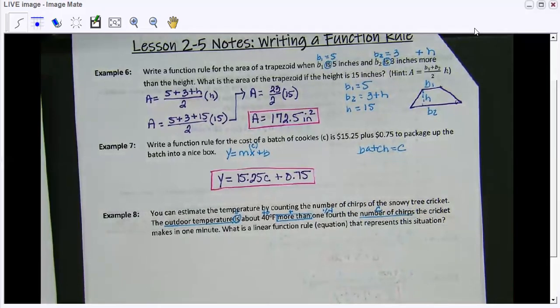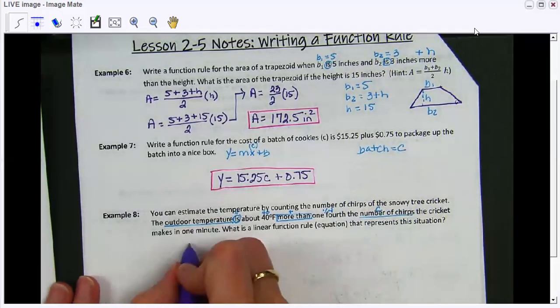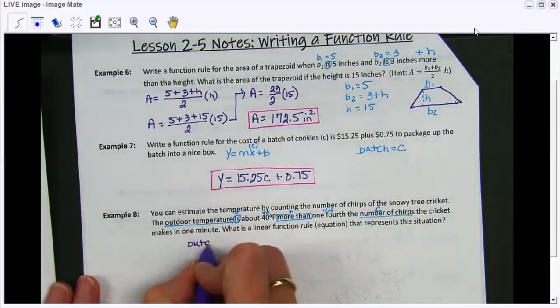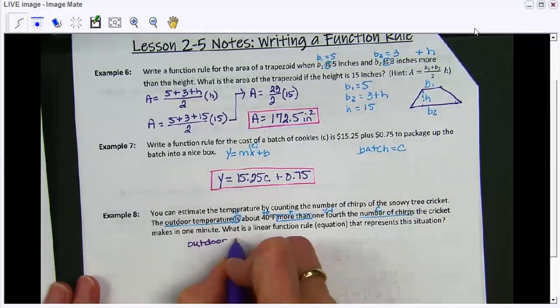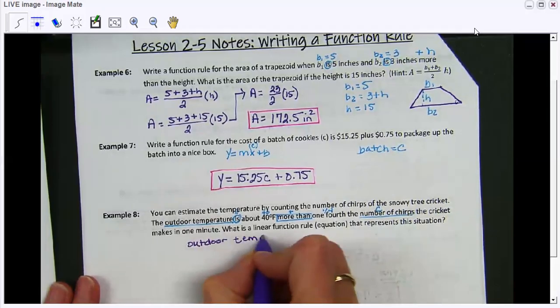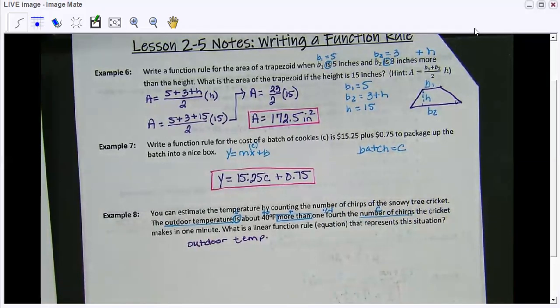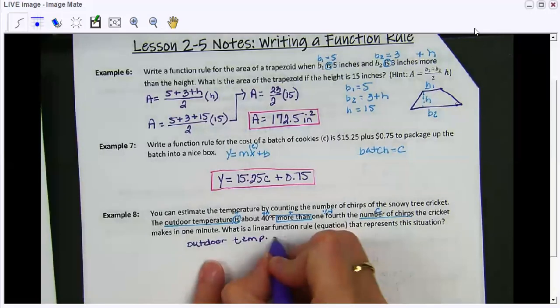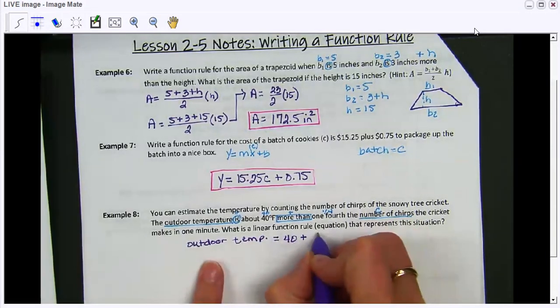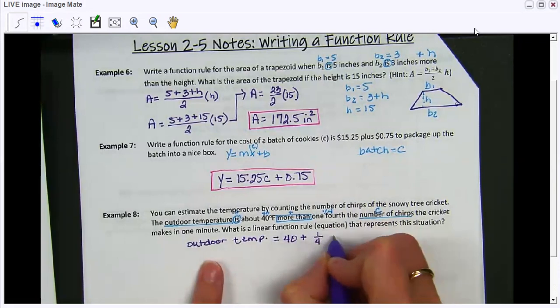So I'm going to write this out a little bit so we know that the outdoor temp, and sometimes this helps me to kind of understand what I'm looking at, but if you don't need to do this part, that's okay, is 40 more than 1/4 the number of chirps.